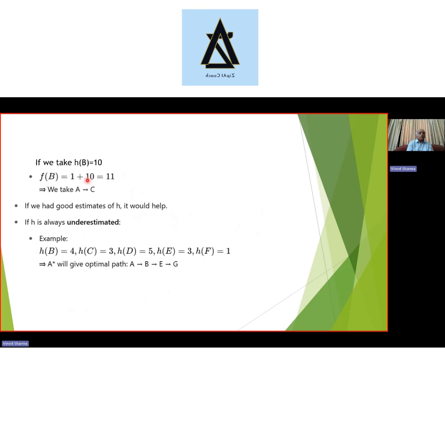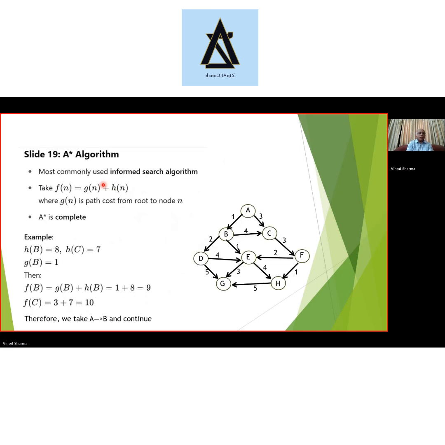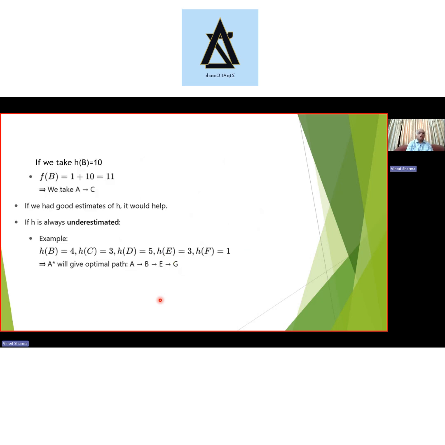So now the new f(B) is equal to 11, while f(C) was 10. Therefore, instead of going from A to B, with these other estimates of h, we will go from A to C, and we know this will not give the optimal path. So this shows that if we have good estimates of h, like the previous estimate, it helps to get better routes.